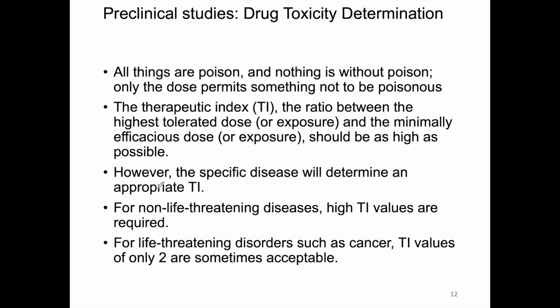But it does depend on the type of disease. For non-life-threatening diseases, you need a really high therapeutic index. But for a life-threatening disorder, that index can come down substantially. I guess the point is, if there is no treatment and it's a terminal disease, then regulatory agencies are more inclined to say, yes, you can try that particular medication.